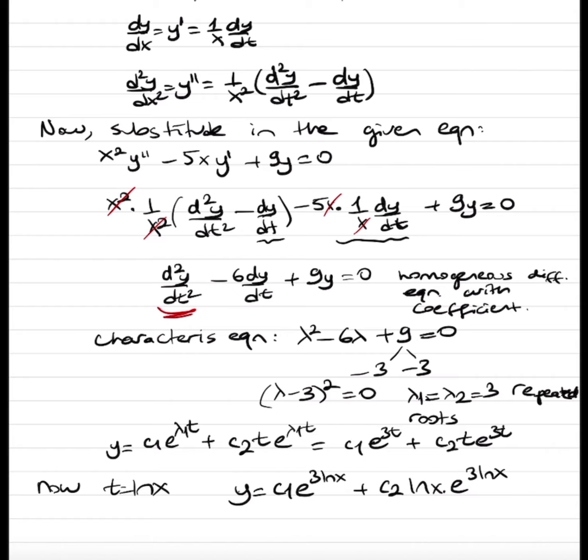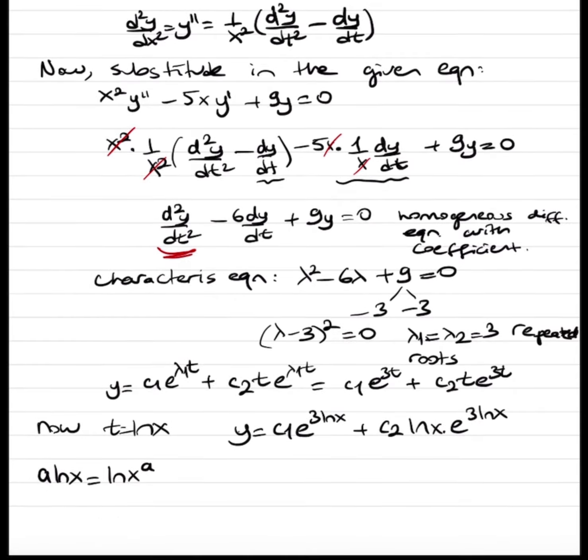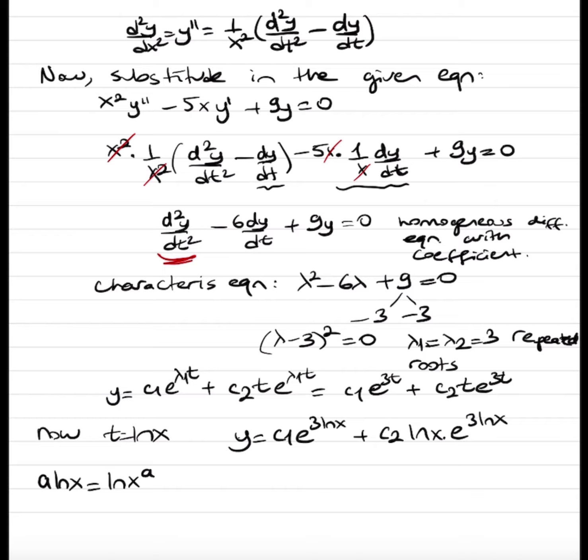If you remember, when you have a times ln x, we can write it as ln x to the power a, and e to the power ln x is equal to x.